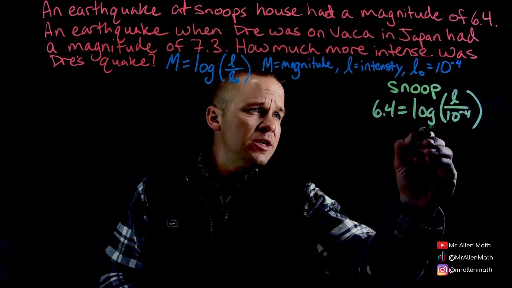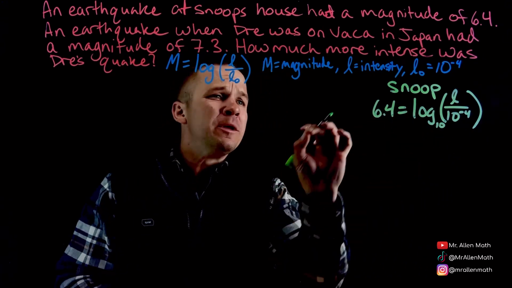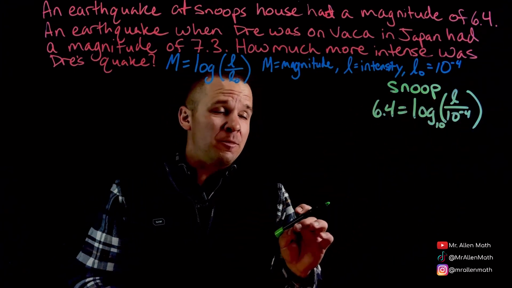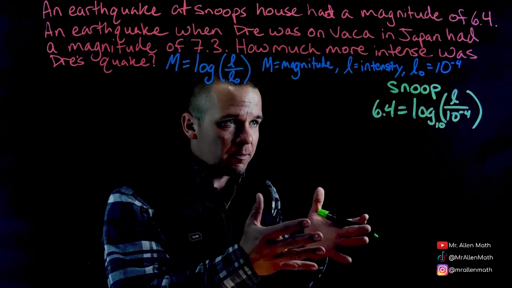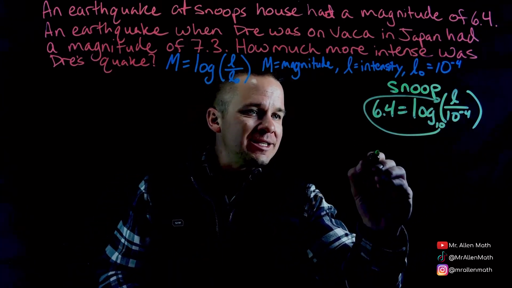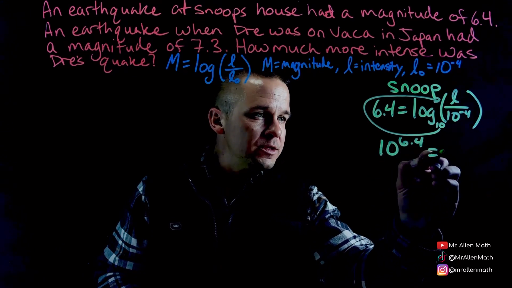This is log base 10, yes? It sometimes helps to write that because I'm about to loop and swoop this and write it into exponential form so that I can solve for the variable that is currently inside the argument of the log.